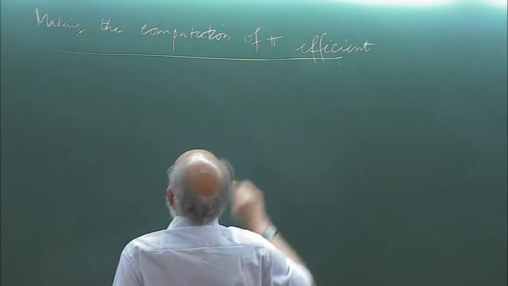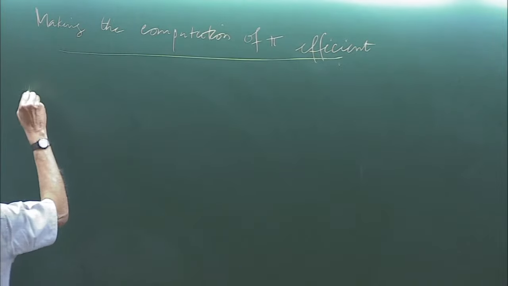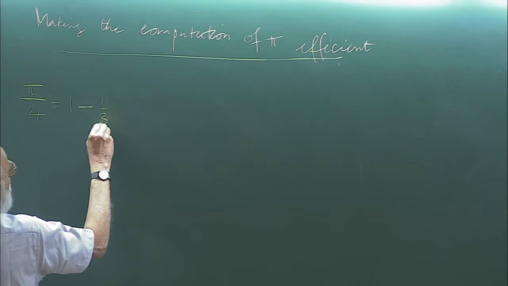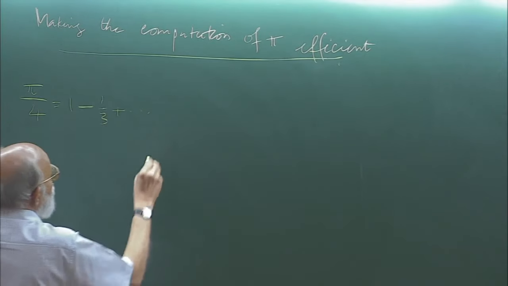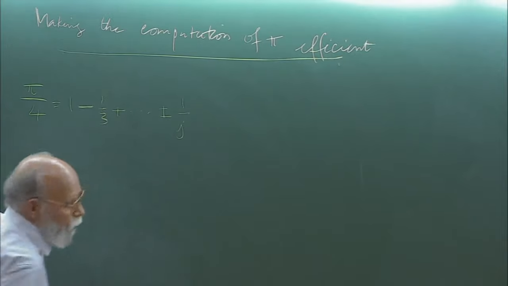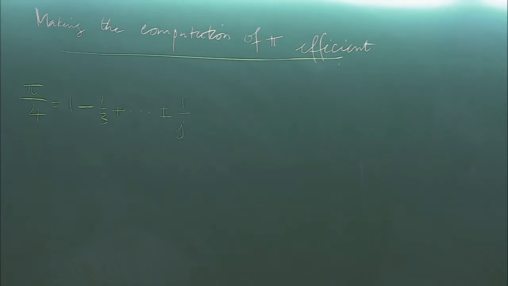One is this, right? Etc. Then stop at the term j. I don't know the sign of this term, so I write plus minus 1 over j, where j are positive odd integers.